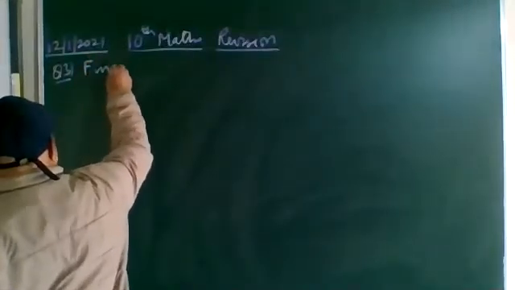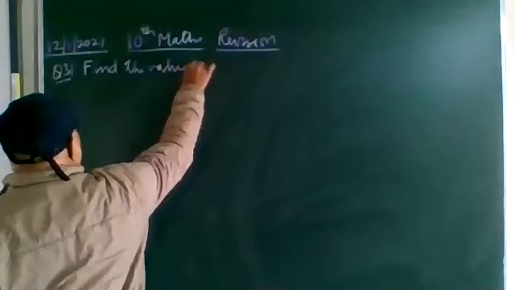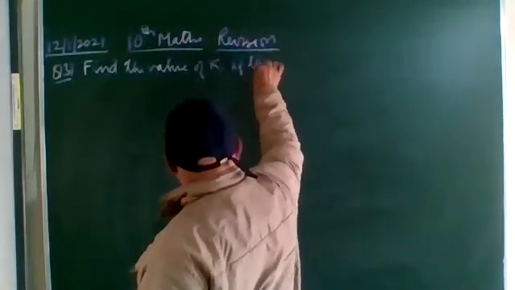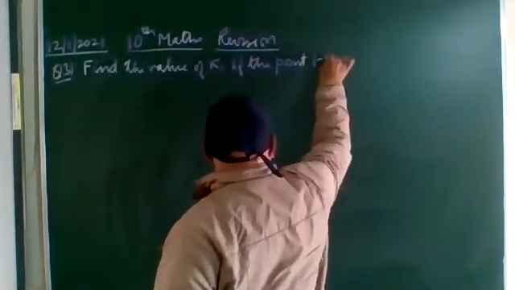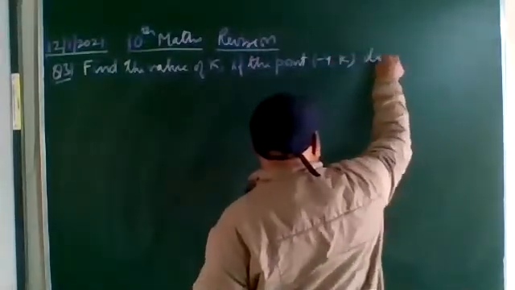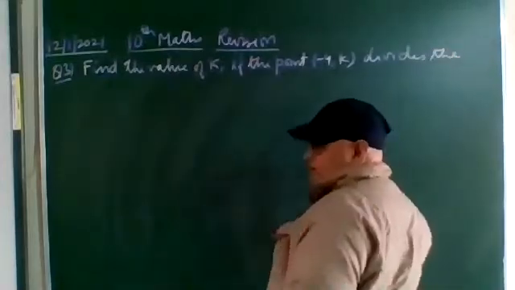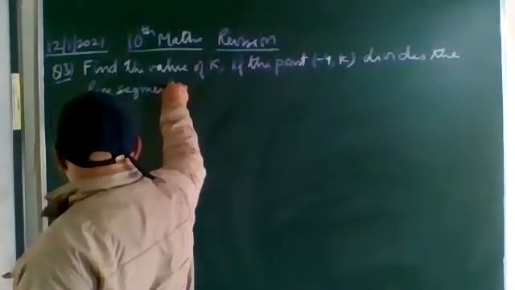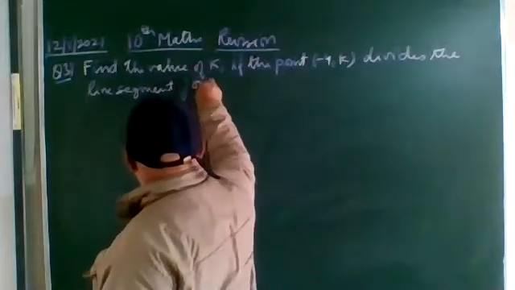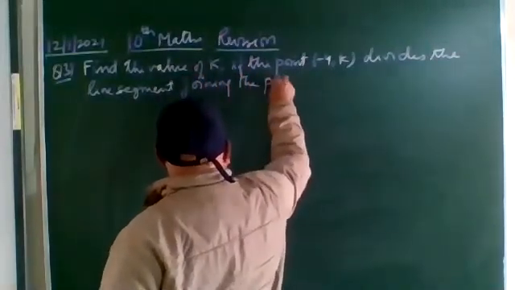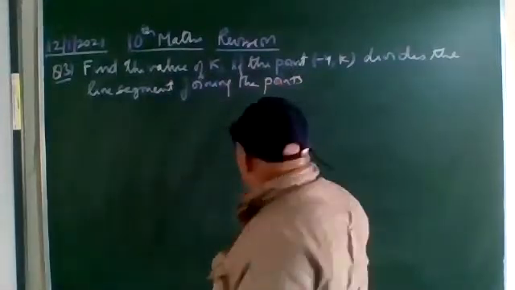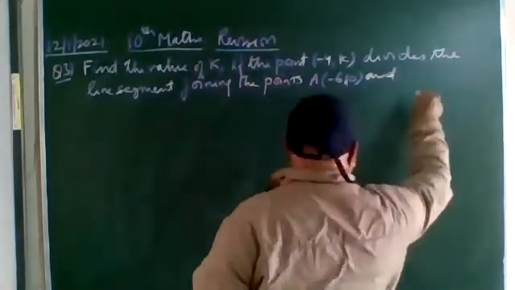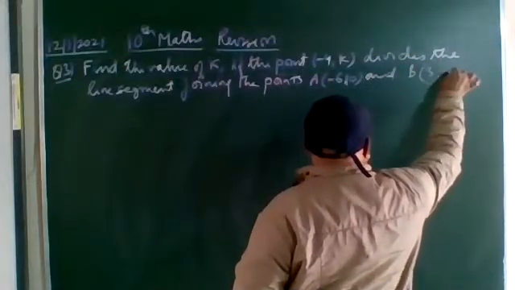Find the value of k if the point (-4, k) divides the line segment joining the points A(-6, 10) and B(3, -8).